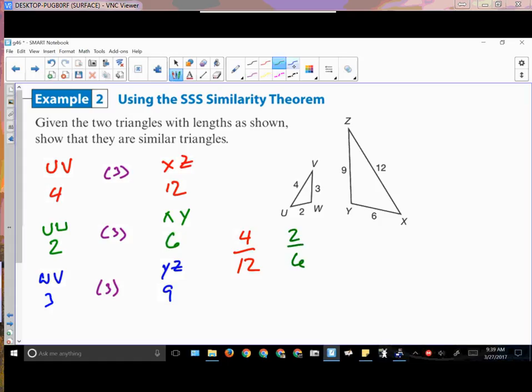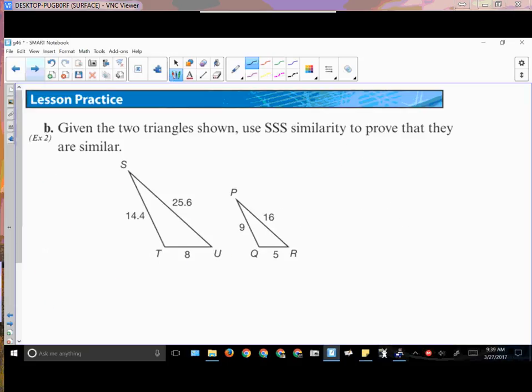Ratio of the next one, 3 over 9. Are these all equal? Okay. Now, could I have written them the other way and put the 12, 6, and the 9 on the top, and the 4, and the 2, and the 3 on the bottom? No, wouldn't have mattered. It all depends upon which one you're going from. Larger to smaller, smaller to larger, you just write it in a different way. So, I'm going to give you a few moments, and I want you to prove that these are going to be similar.